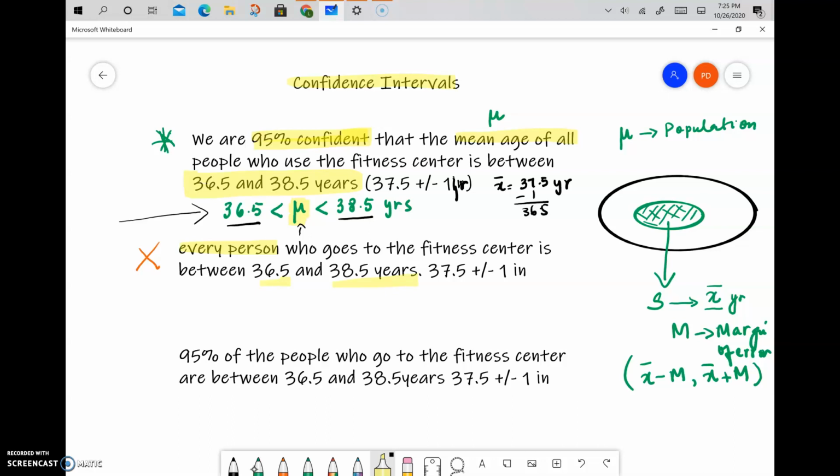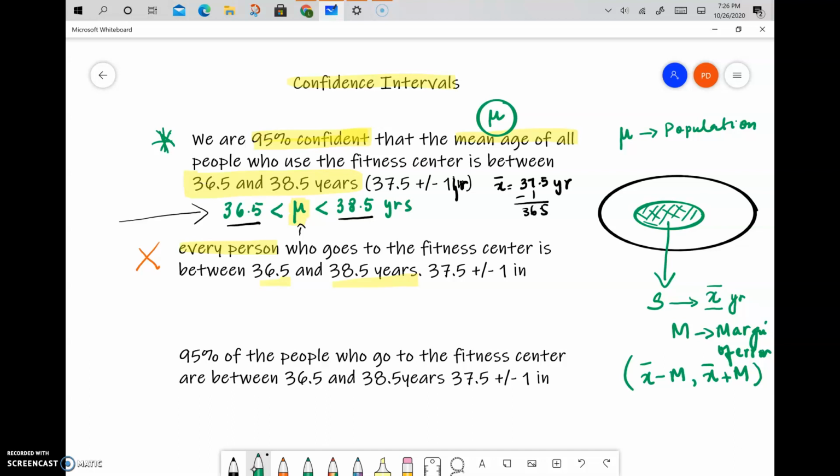Now, if you've read the first sentence carefully, the most important thing to notice is that it says that the mean age is between the two numbers. It is not the actual age of every person. If you take the average of everyone who uses the fitness center, that average is called mu, because we're talking about everyone, which is the population. And then we say with some level of confidence that the mean of the population lies between those two numbers.